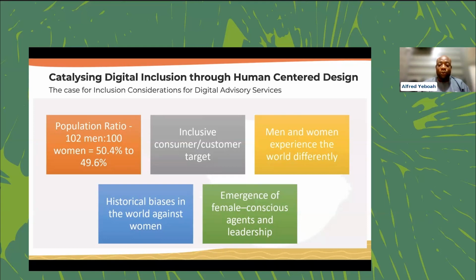We therefore need to anticipate and also deal adequately with especially the negative unintended consequences through a human-centered design approach, or even an equity-centered design approach and deployment, especially in a case where we want to reach a lot of rural women and youth farmers, or even people who are physically challenged and are also into farming.